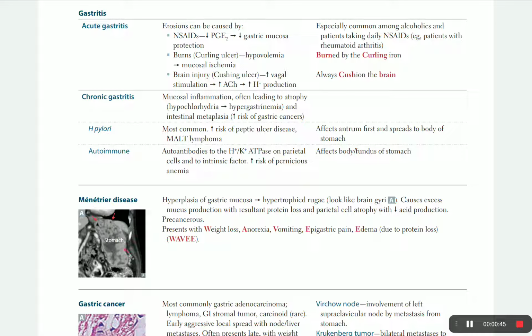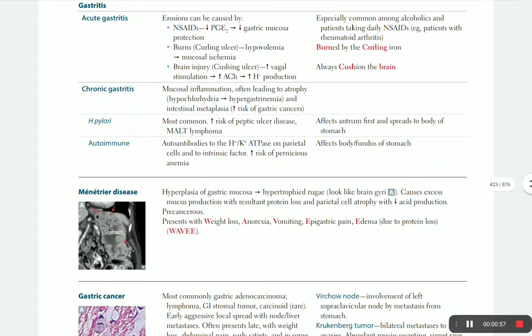Burn causes hypovolemia, and so mucosal ischemia. We call it Curling ulcer. Brain injury causes increased vagal stimulation, so increasing the acetylcholine production, which increases the HCl production.